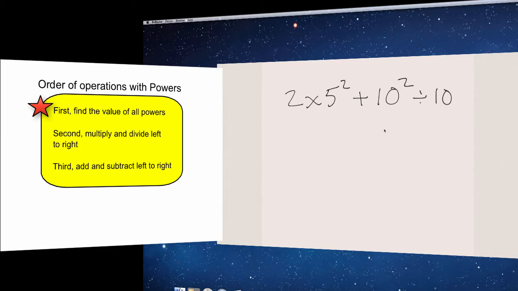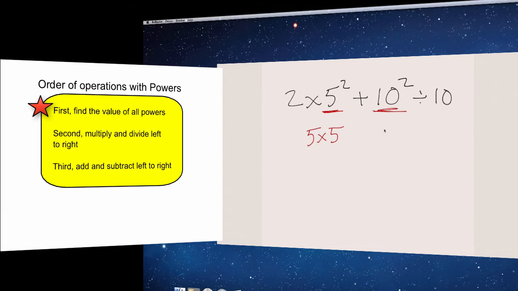So I'm going to go through and find all the powers in my problem. I've got 5 squared and 10 squared are my two parts of my expression that have powers. 5 to the second, if I remember back to my previous lesson, is the same as 5 times 5.